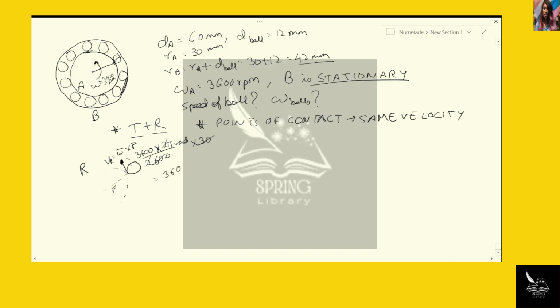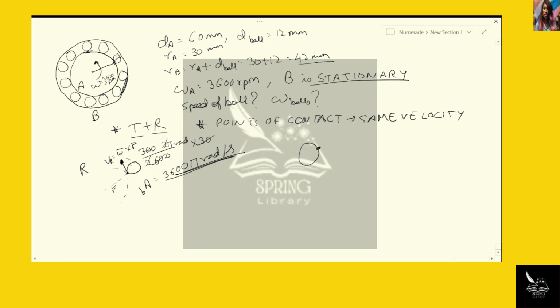So it's 3600 rotations per minute, so 3600 times pi radians per second. This is the velocity at point BA, let's call this.